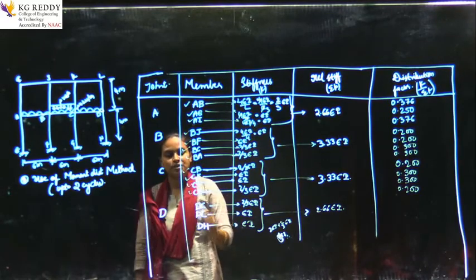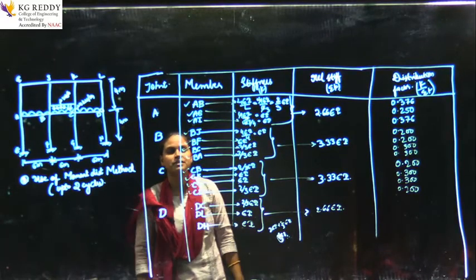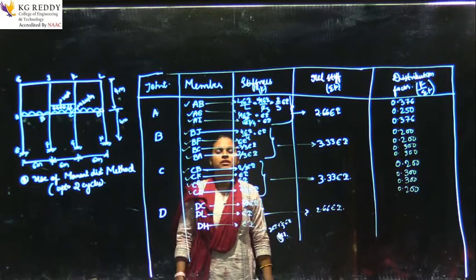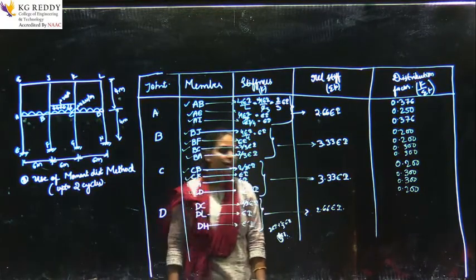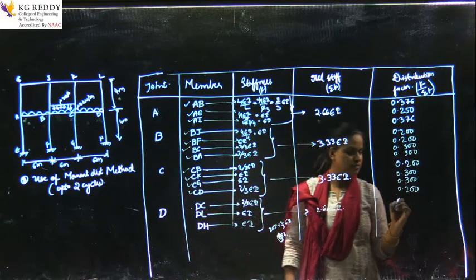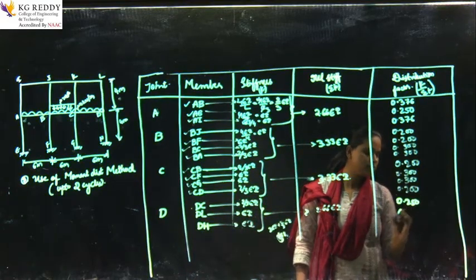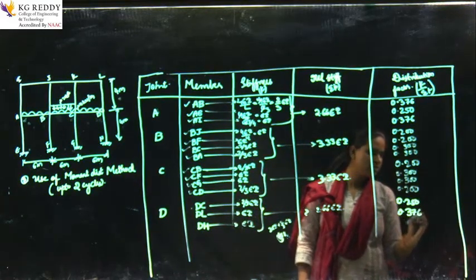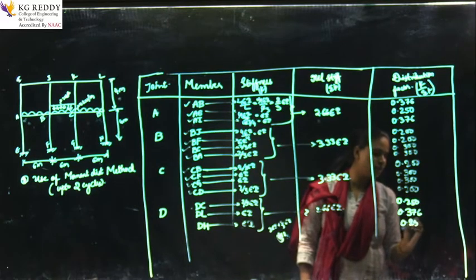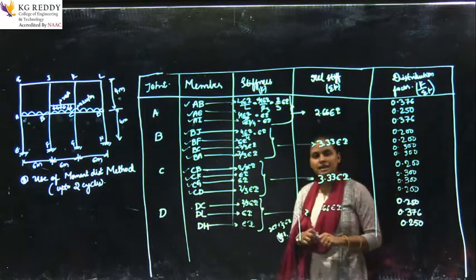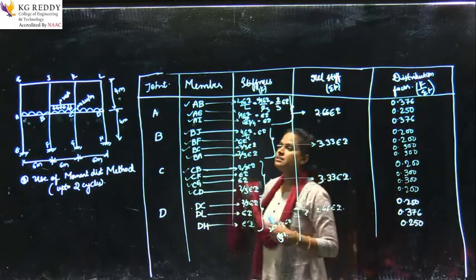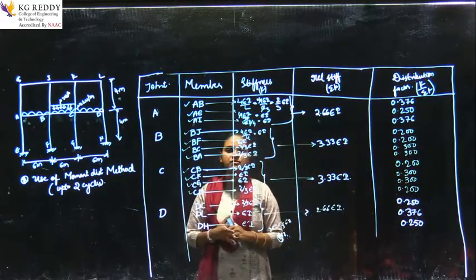Okay, you will be using these for different joints in the next tabular column, where you are going to analyze for different cycles. So next you will have 0.250, 0.376. So these are the values which I got for the calculation of distribution factors. So calculate properly, you will also get the results for the different distribution factors.